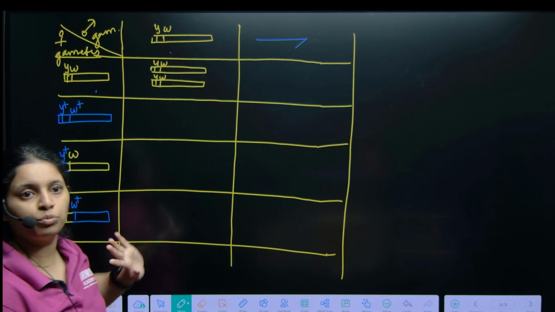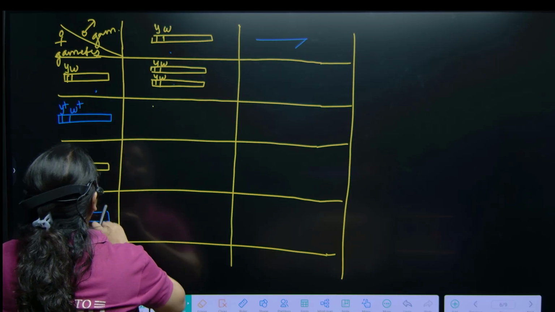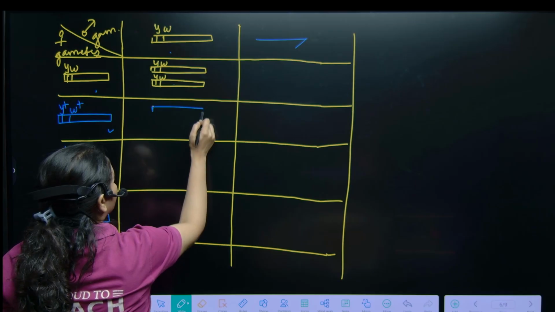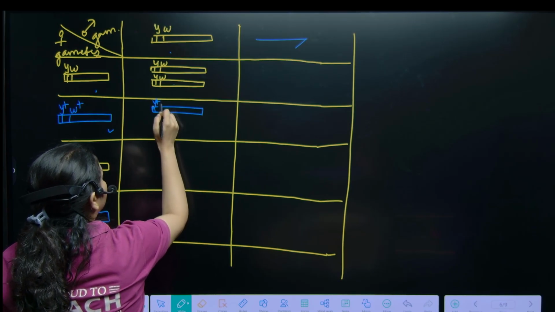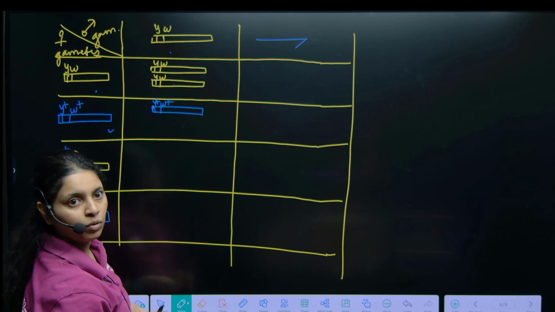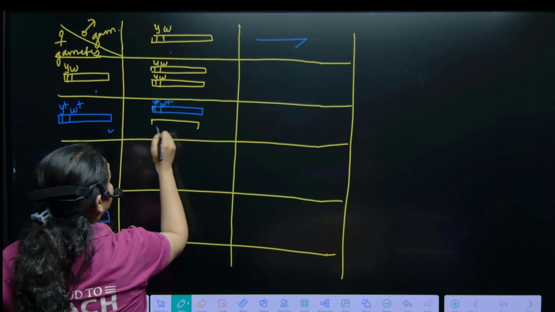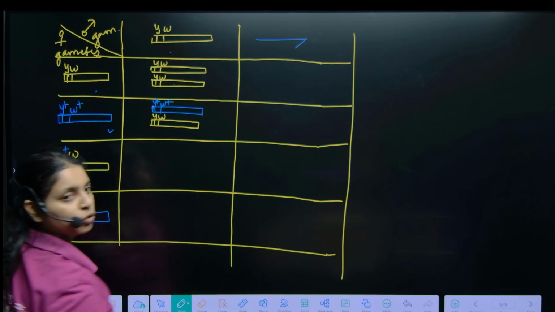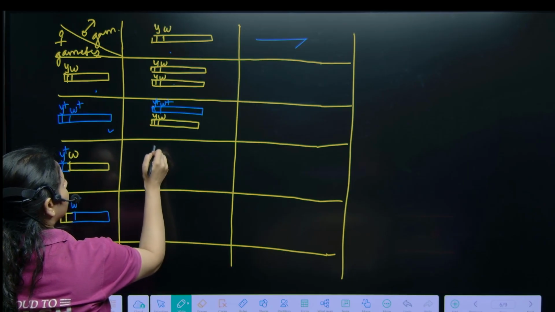YW, YW. Next, now we have this female chromosome. So let's write it. We have Y plus, W plus. Okay. And next we have this male chromosome, Y, W.